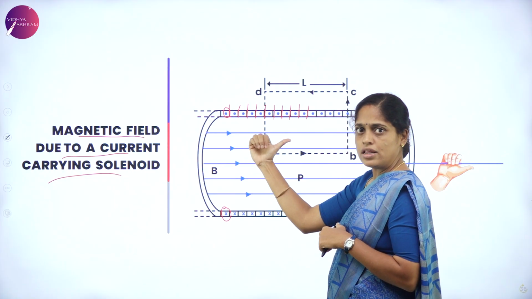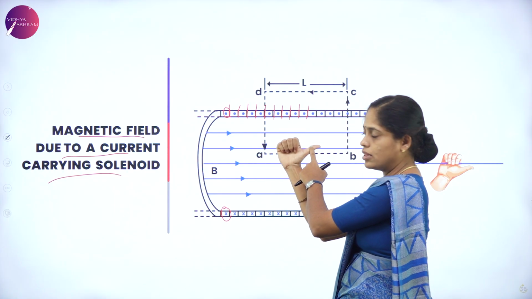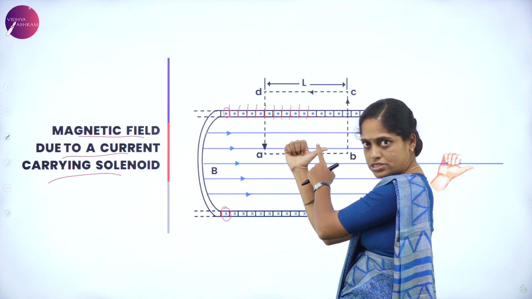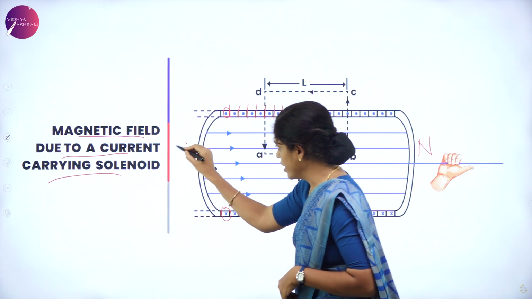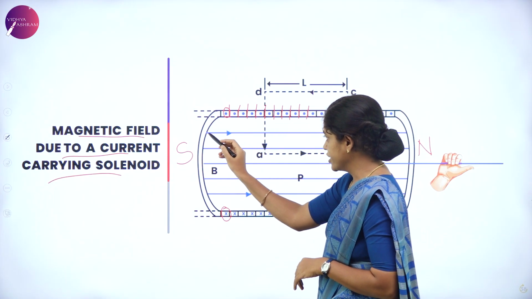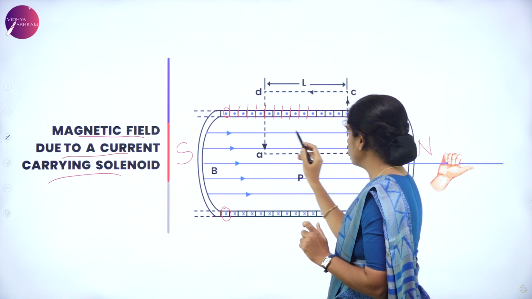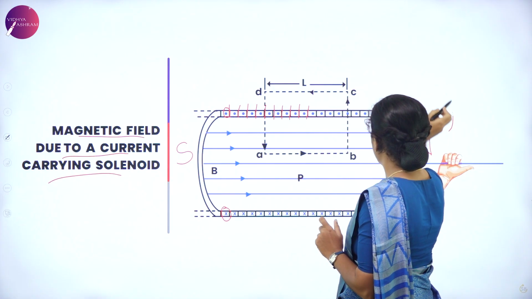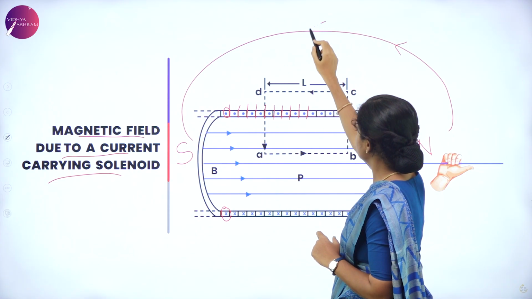Due to this current, the direction of the magnetic field is represented by the thumb, where the thumb represents the north pole. So this is the north pole of the magnet produced by the current carrying solenoid. Inside it the direction is from south to north, and outside the direction of the magnetic field is from north to south.